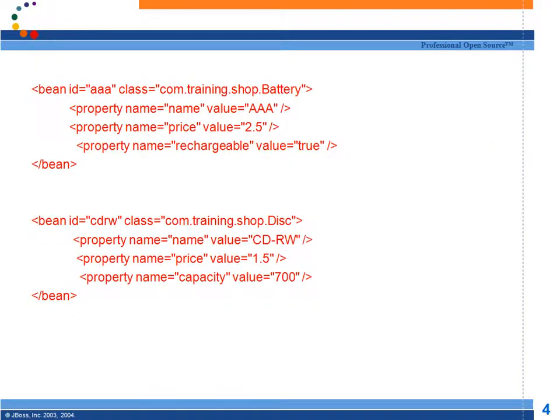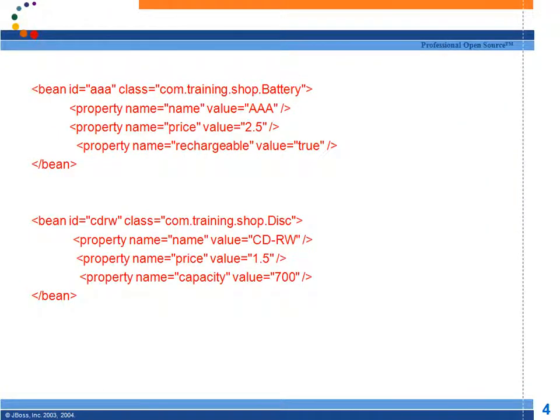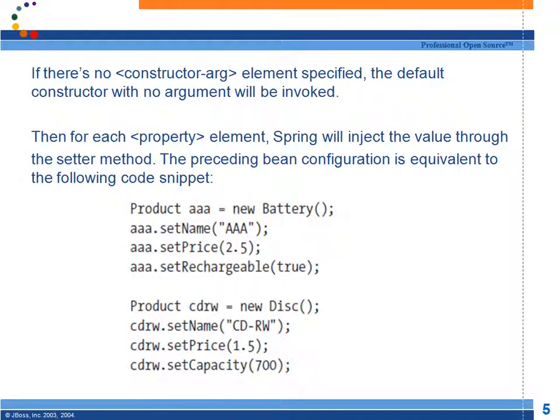See here, whenever I say factory dot getBean AAA, what will happen internally? AAA means this one, right? The default constructor is called and the Battery object is created, and then setters are called, right? Similarly for Disk also, the default constructor is invoked and setters are called. This is happening internally, right?